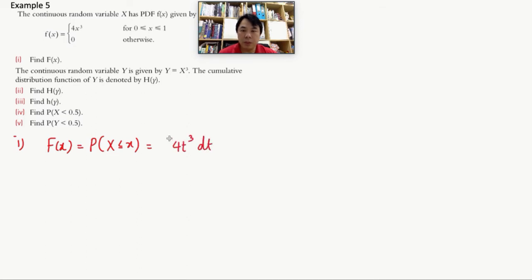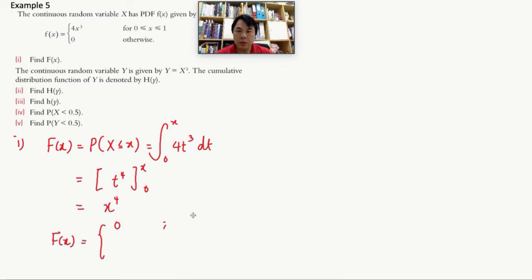So the integral of 4t cubed dt, from 0, because the lower boundary is 0, up to x, gives t to the power of 4 from 0 to x. So that will yield just x to the power of 4. Now that should not be a problem. And then finally, don't forget to write down a full description for your distribution function.